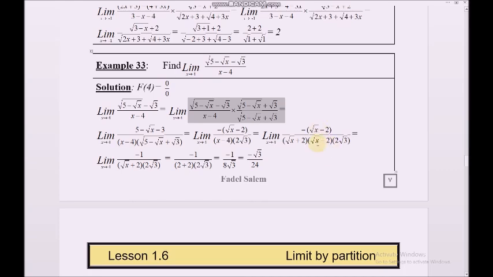Cancelling the common factor between numerator and denominator, we have only negative 1 above, and we have this bracket and the last quantity. Okay, now using 4 to make a substitution, you will get this form, and using your calculator to get final answer, it's negative root 3 over 24.